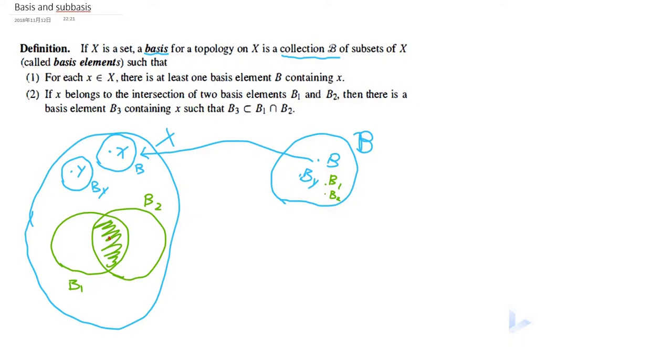And for every element inside this area, we call it x, or in order to differentiate it from this x, we call it x1. So for any element x1 inside this area, we can find another basis element B3 in this collection.